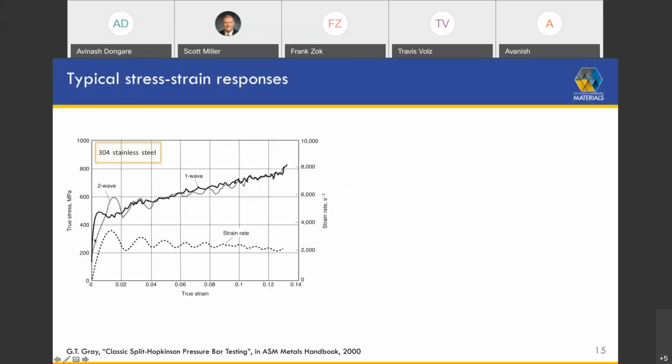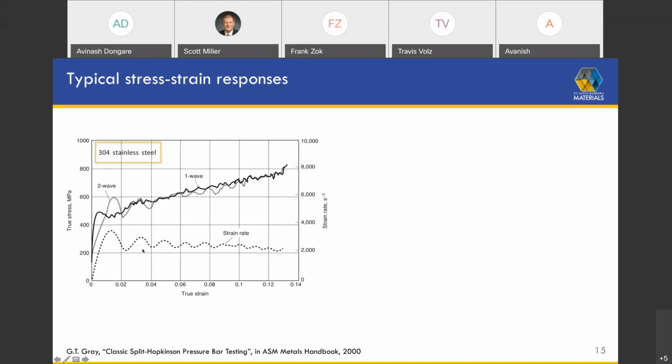But invariably, when you measure the strains and the strain rates, you get this characteristic oscillation. And these are due to these dispersion effects. What they're telling you, essentially, is that you don't have a state of perfect uniaxial time-independent stressing. You've got these high-frequency oscillations due to these dispersions. Okay, but we're neglecting those for the purpose of this problem.